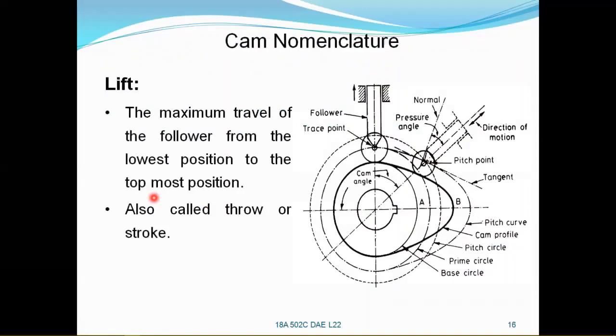As you see, first of all, base circle, which is the smallest circle drawn for the cam profile, from cam center to the cam profile. And the prime circle is the smallest circle drawn from cam center to the pitch curve, and the pitch circle is the smallest circle drawn from cam center to the pitch point. Then cam profile is the surface of the cam with which the follower always remains in contact.